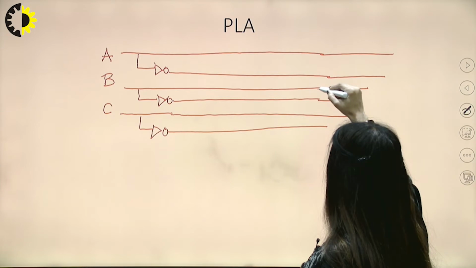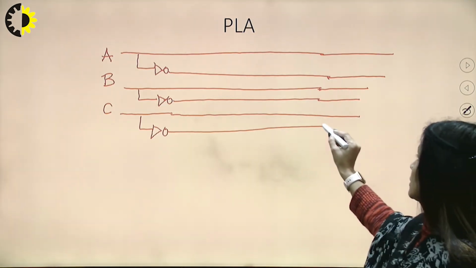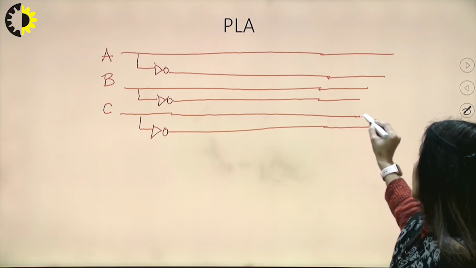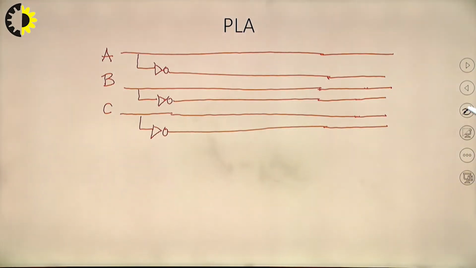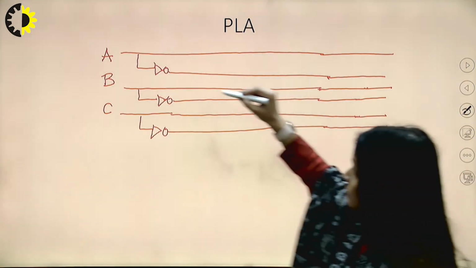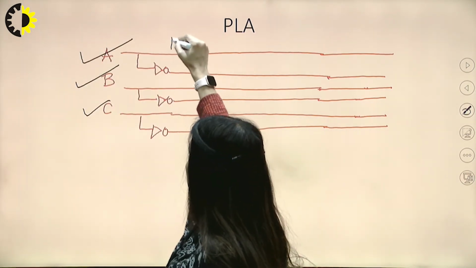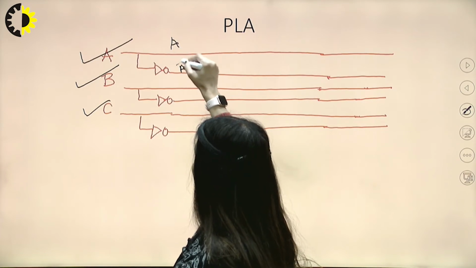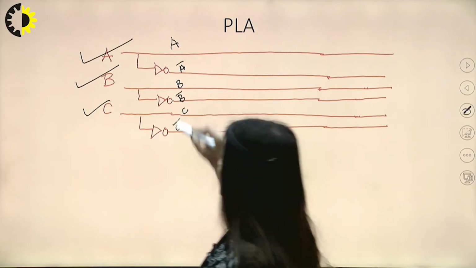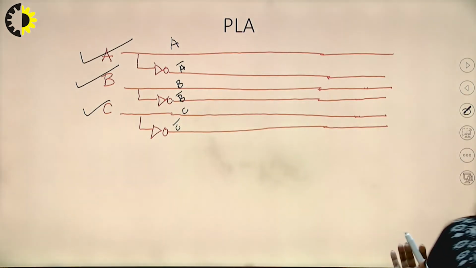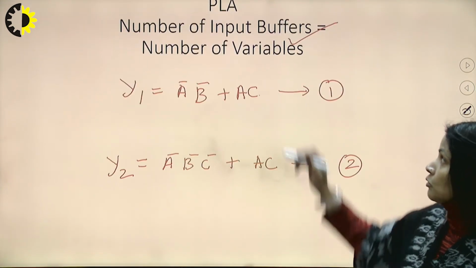Like that. So we have got three input buffers we have drawn in this way. So this is my first step to make A, B and C. Here on this line it is coming A, here A bar, here B, B bar, C and C bar, like this. So for PLA this will be the first step. So this part is done.